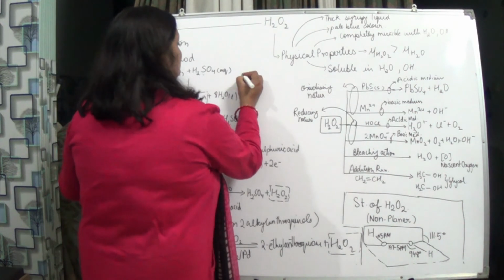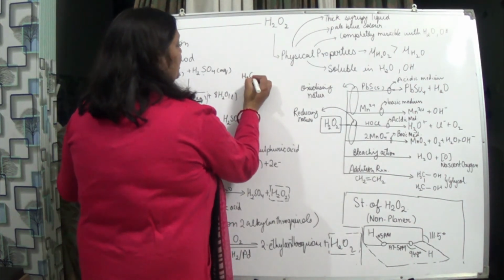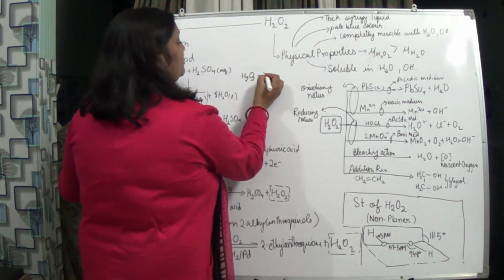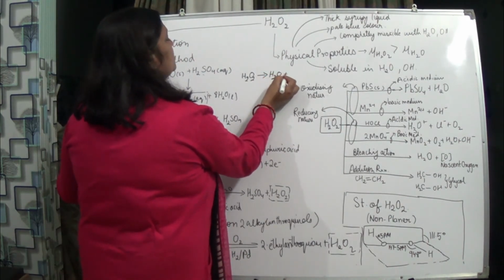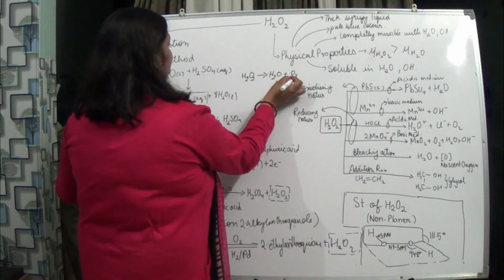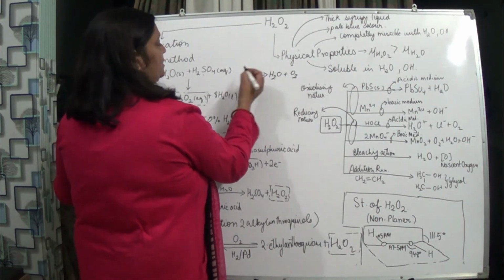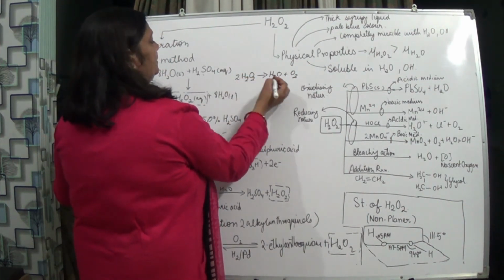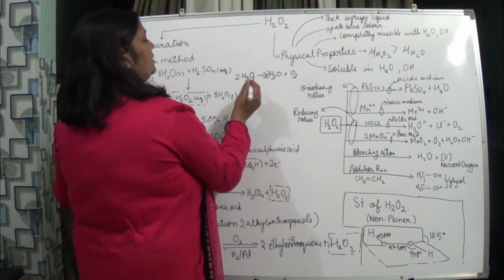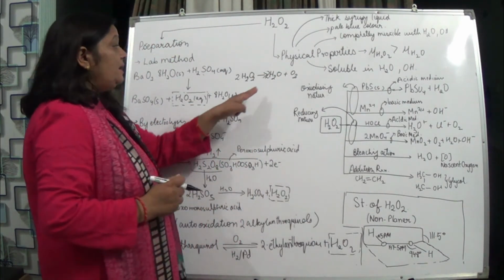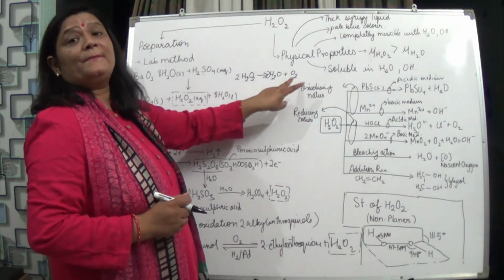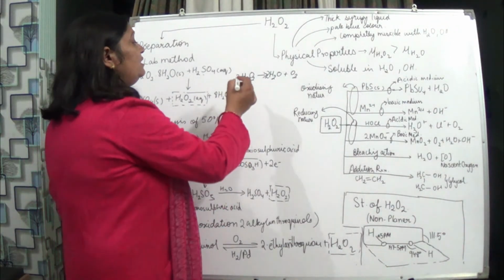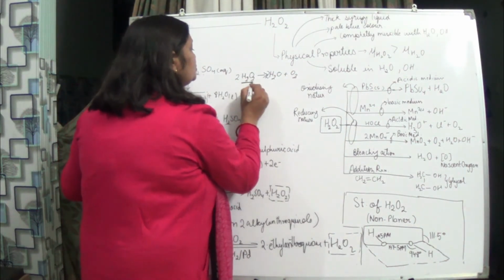Actually, H2O2 in normal conditions breaks up into H2O plus O2. So here just balance the reaction. It is unstable and breaks up into H2O plus O2. So we need to store this H2O2 carefully.